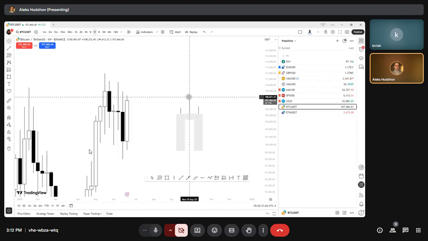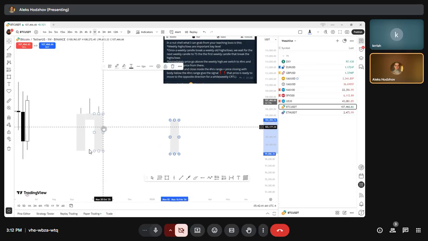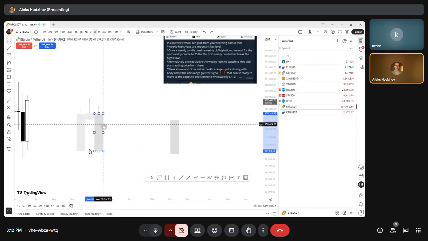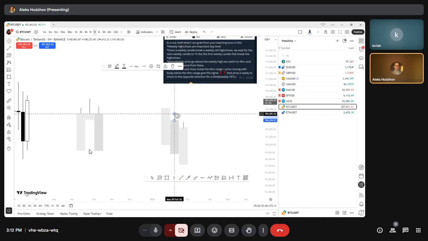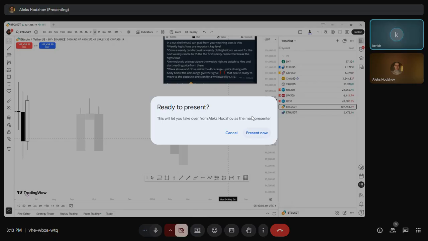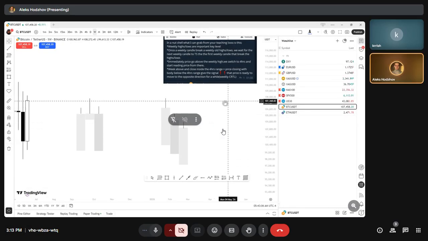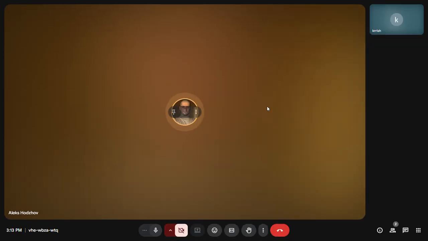Like this now is a key level. If it's a weekly or daily high, this is a key level. But if it is like this, it's not important. Yeah, okay. Because I want to understand how to read price with candles.